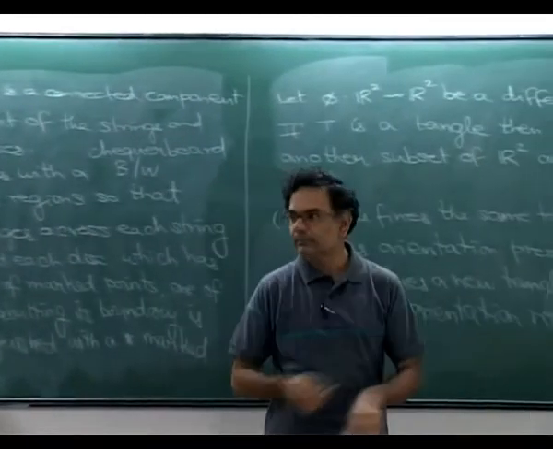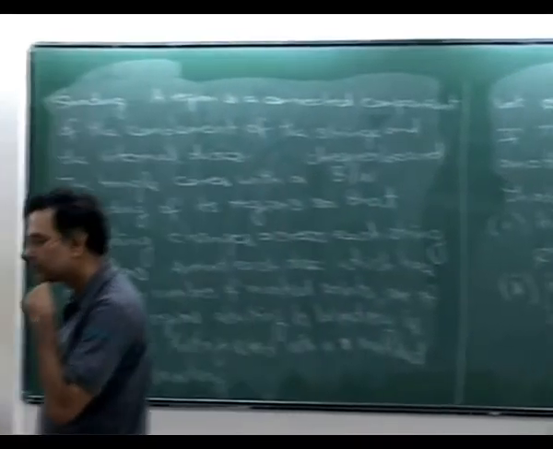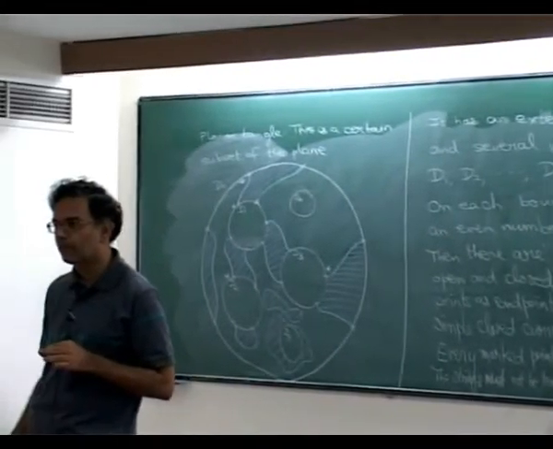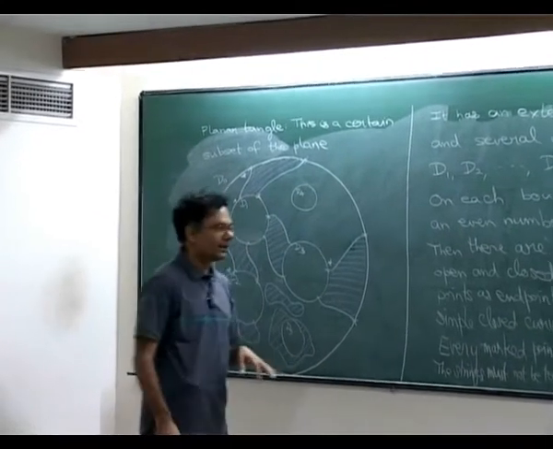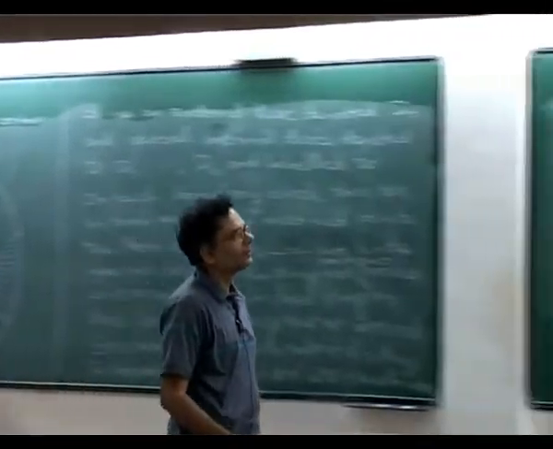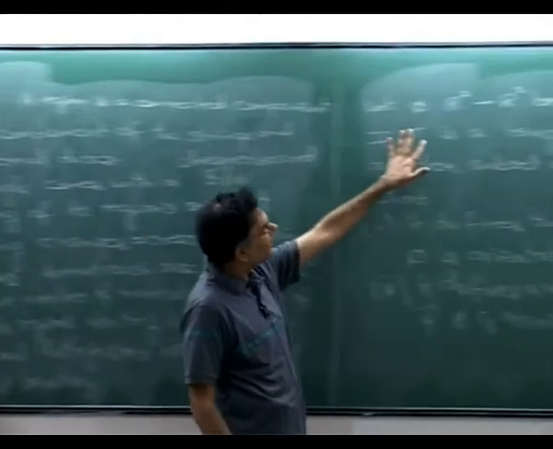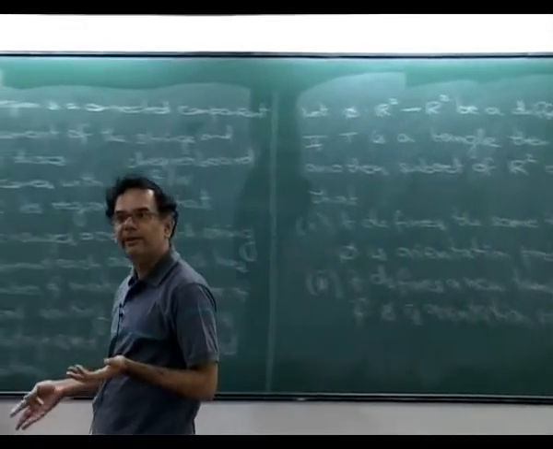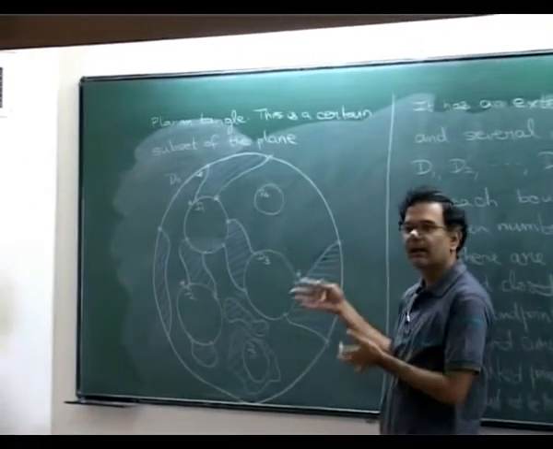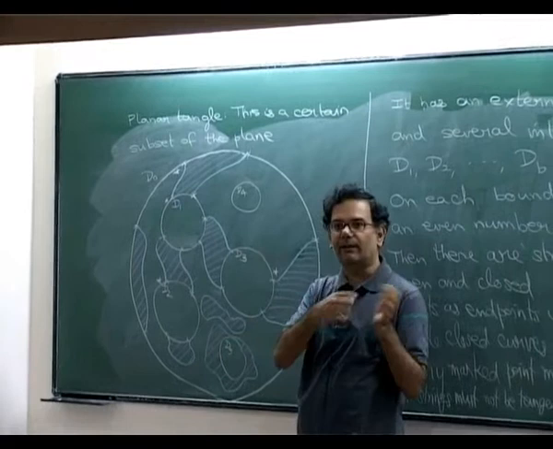I guess you should also mention having the tangle structure on phi of T obtained by carrying the star mark point. Yes, right, exactly. So if T is a subset of the plane, then phi of T of course is a subset of the plane. But to make phi of T a tangle, I have to say what the star regions are, what the shading is. I just carry over everything by phi, right?